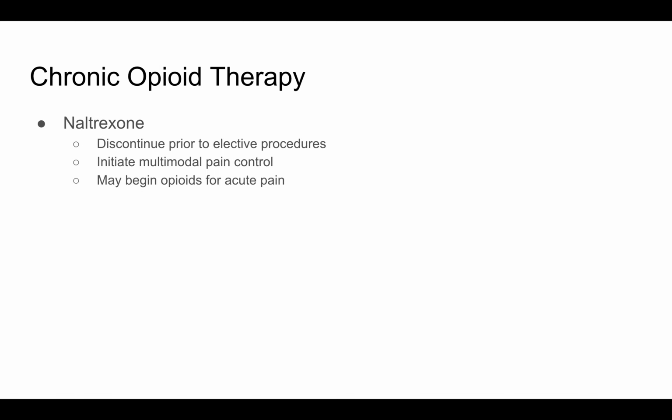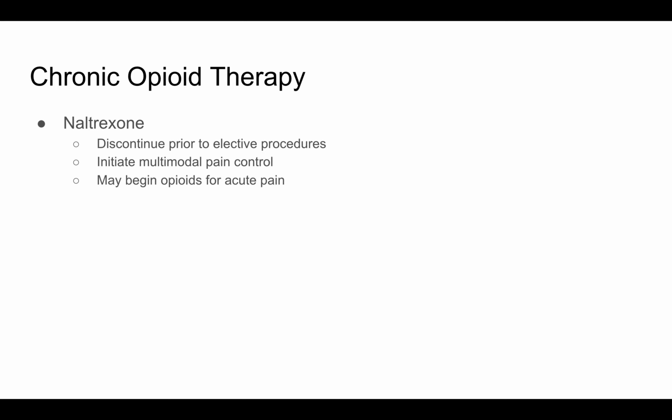Chronic opioid therapy, I included this as well, just because I know we have patients on naltrexone and other medications. If the patient is going to have an elective procedure, it's a discussion you need to have with the patient of probably trying to discontinue the naltrexone prior to elective procedures and starting them on multimodal pain control.